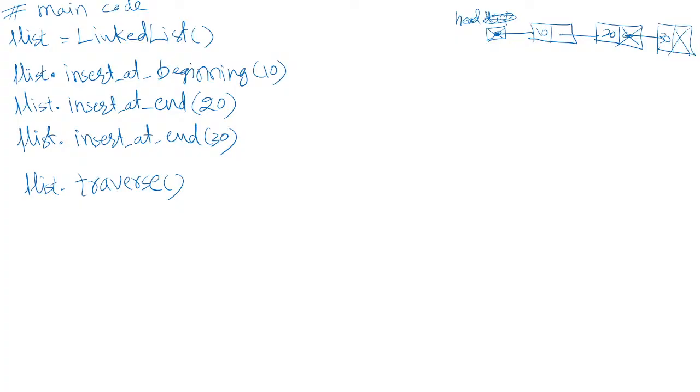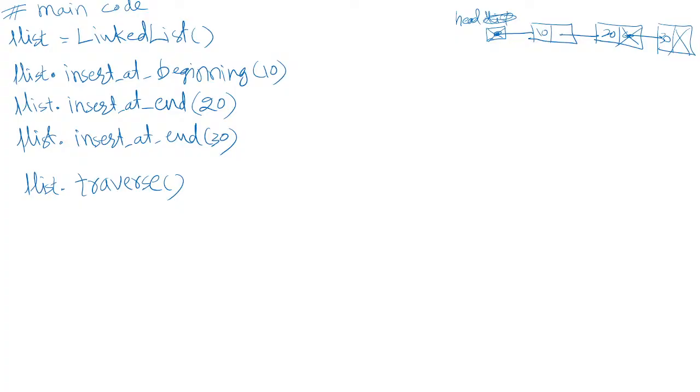So we'll copy the code and we'll try to print the list. Then we'll try to execute this code.